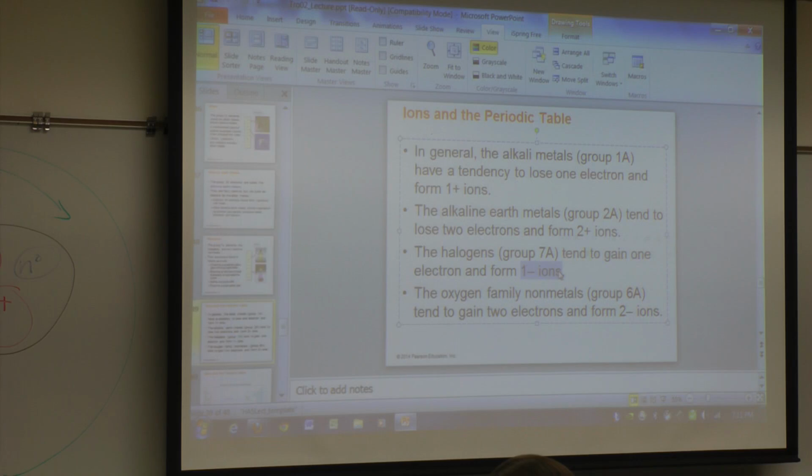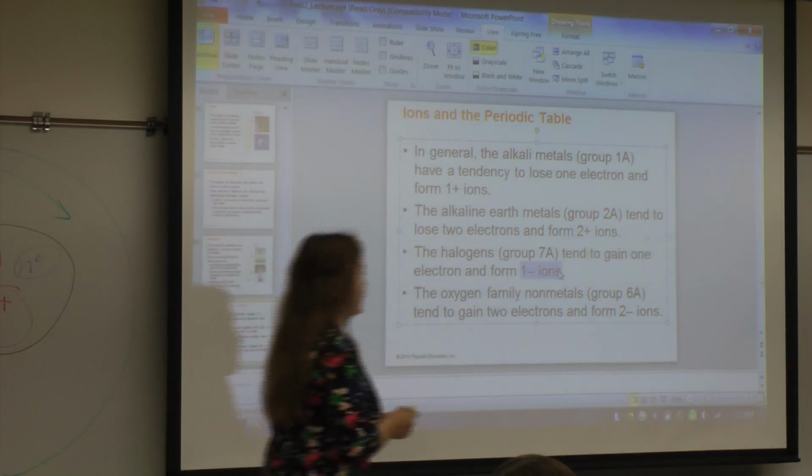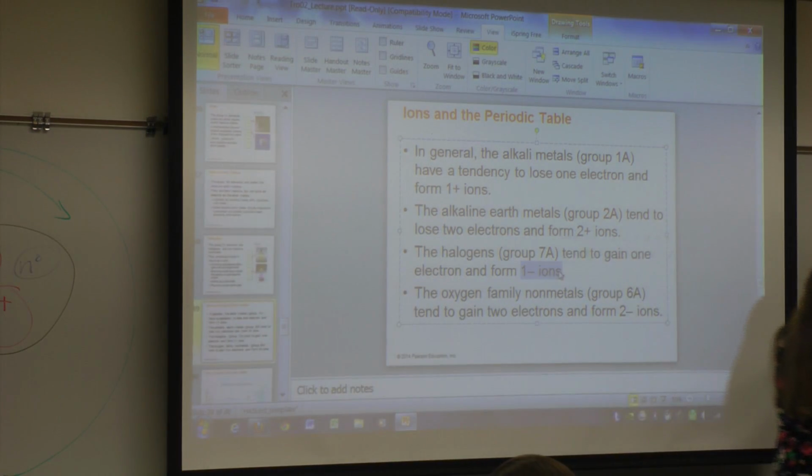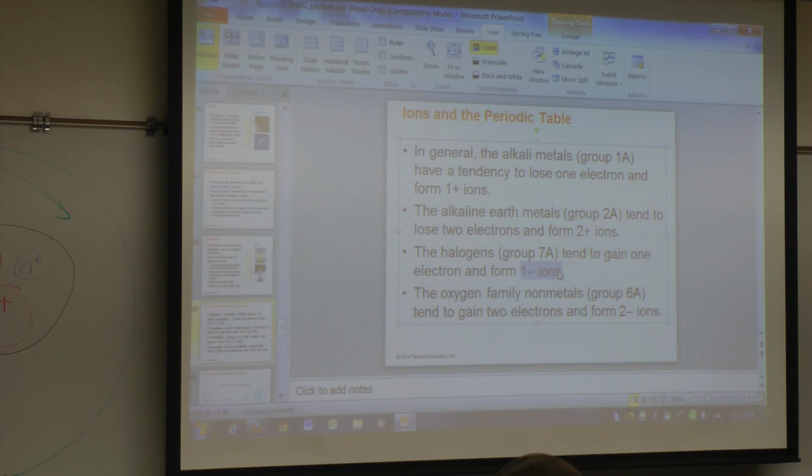So when you have chloride, Cl minus, a negative one is an anion.